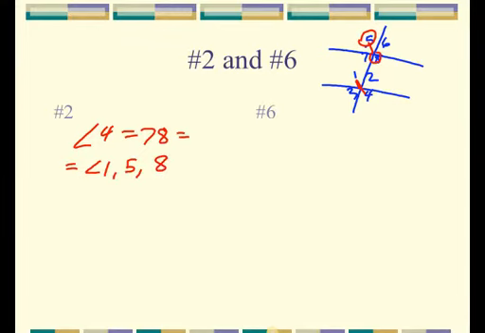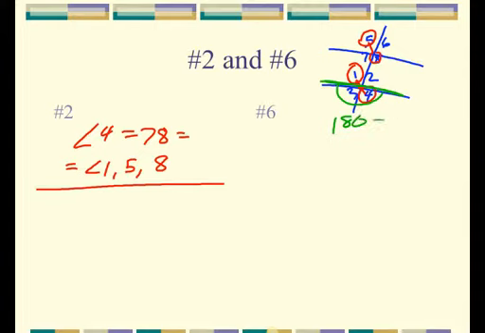And so we know it has to be equal to angle 8 as well. And then if we jump back down here, angle 4 is corresponding with angle 8. So 4 of those are 78 degrees. And then all the rest of them have to be a linear pair. So if I put angle 1 or angle 4 together with angle 3 over here, we get 180 degrees.